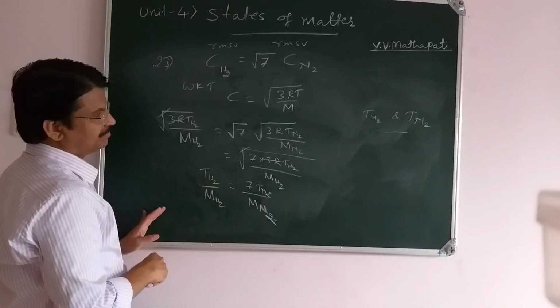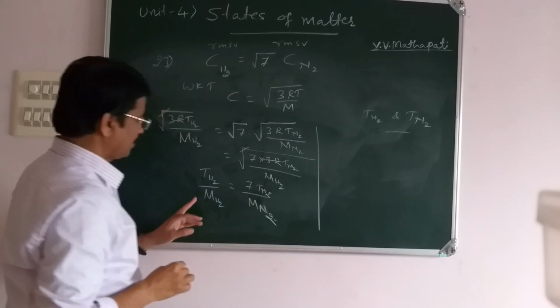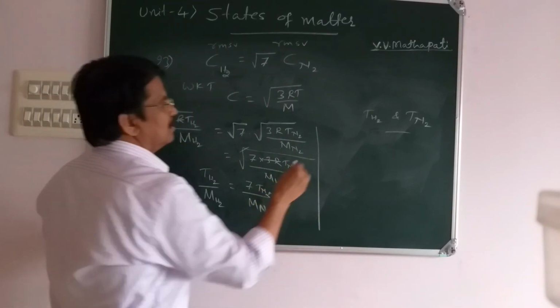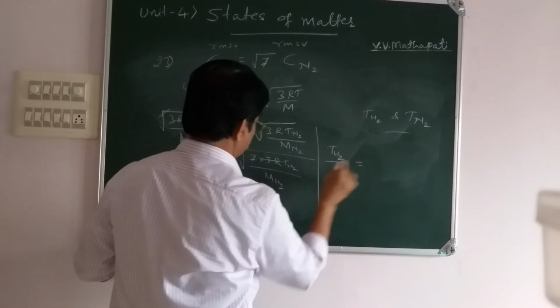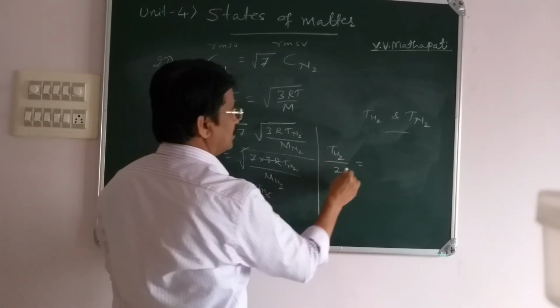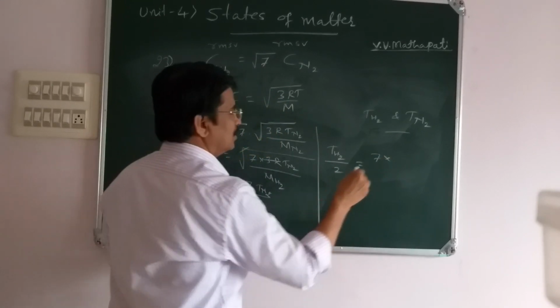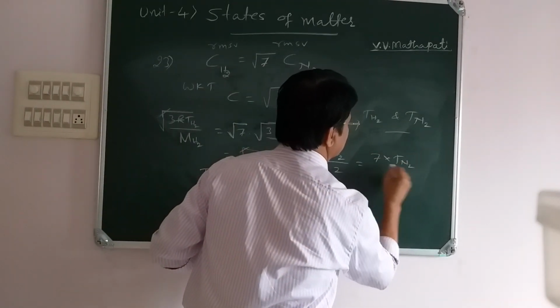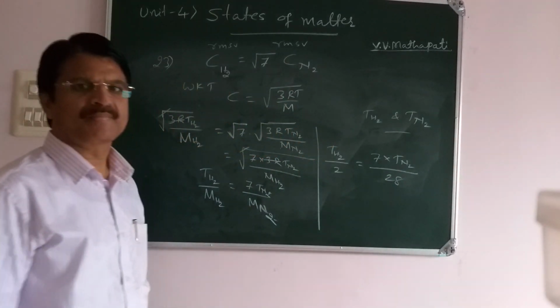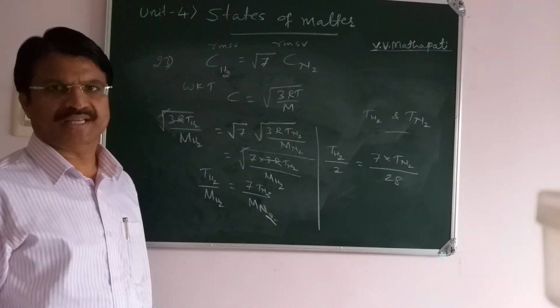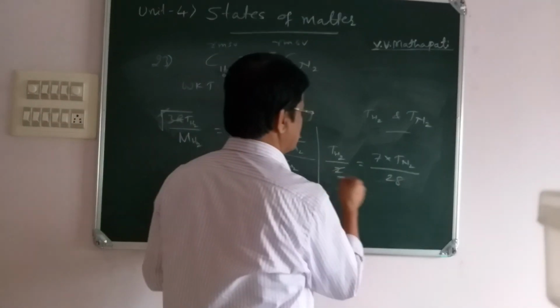Molecular mass of hydrogen is 2, and molecular mass of nitrogen gas is 28. Then 2 1s are 2.